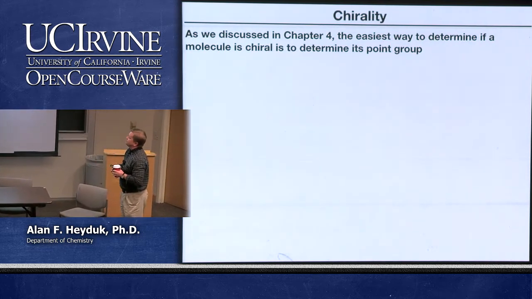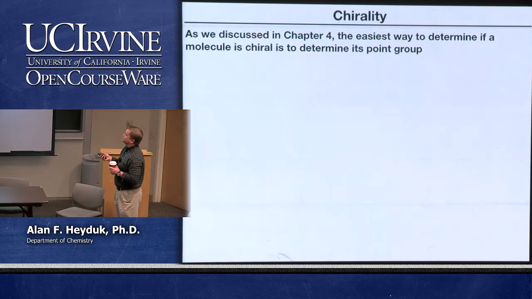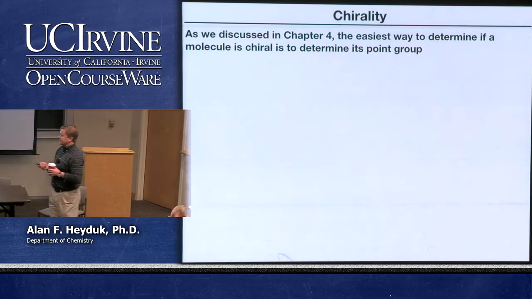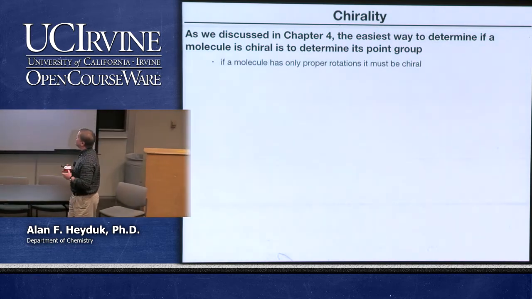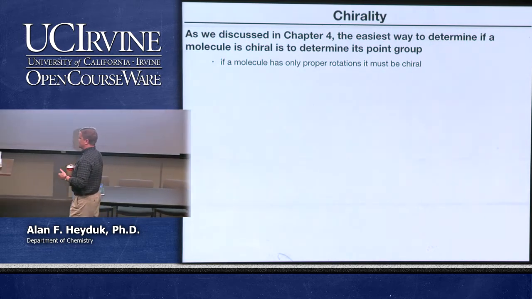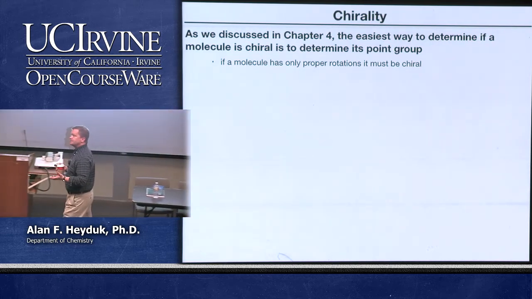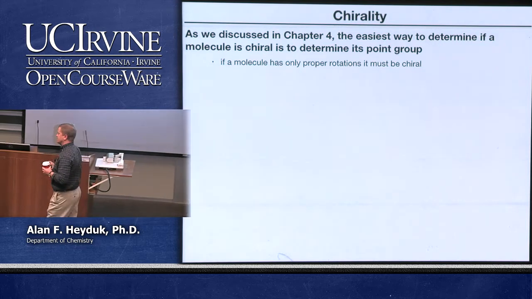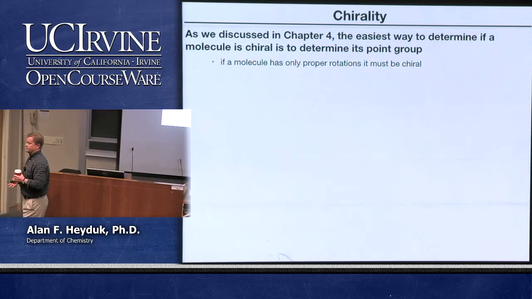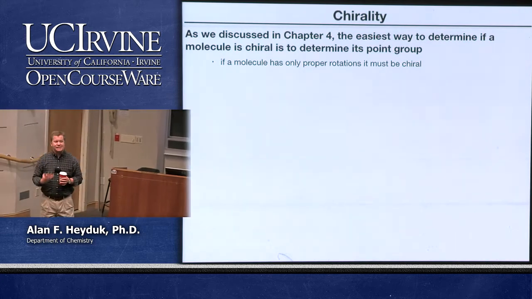Okay, so we all love symmetry. We talked about using mirror planes to define whether a molecule is chiral. So basically, if you have mirror planes, it ain't chiral. Okay, another way to say this is if a molecule has only proper rotations, then it is chiral.